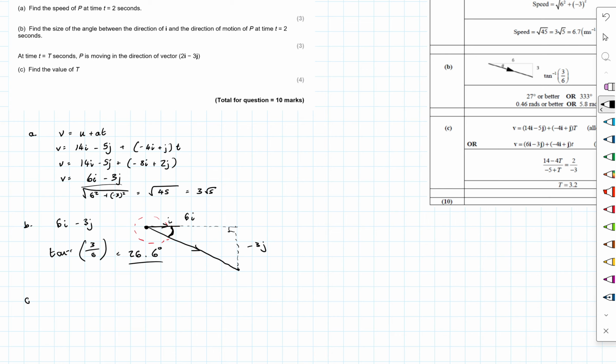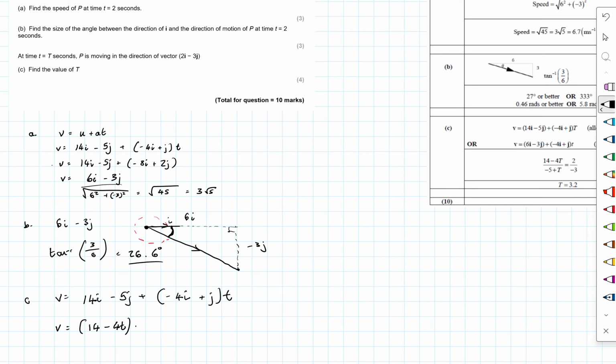Well, we know that the velocity is equal to 14i minus 5j, that's the initial velocity, plus minus 4i plus j t. Right? That's what we came up with here in order to work out the velocity at t equals 2 seconds. And we can again rearrange this so that we have all our i's in the same place.